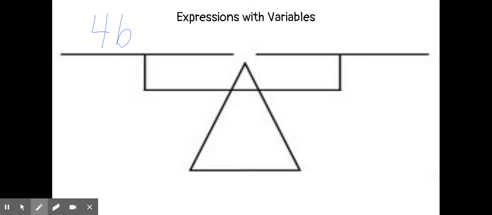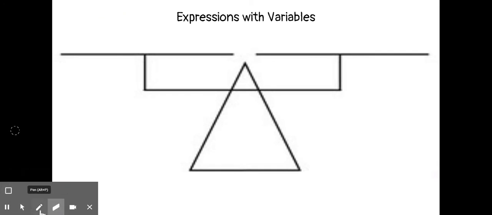If b was worth 27, it would be 4 27's. Oh, I see what you guys are putting together. It's multiply. Yeah, you're right. So when a number and a letter are together, you're multiplying that letter times that number. So we have 4 b's, or 4 times b. So that's an example of an expression with a variable.